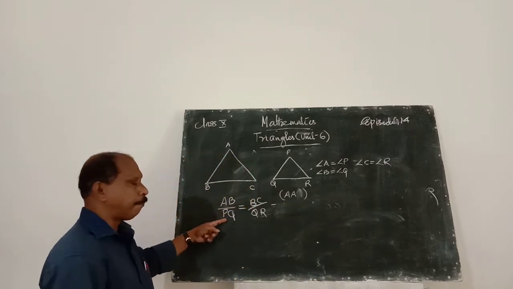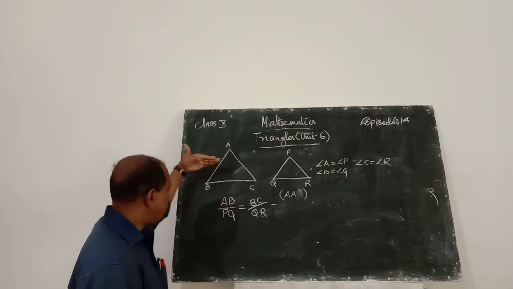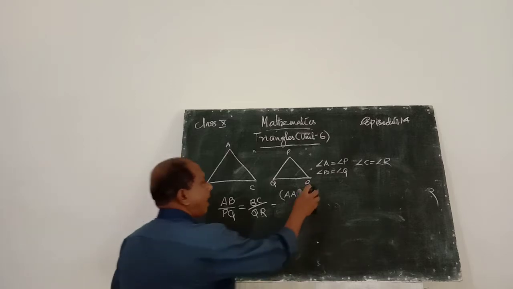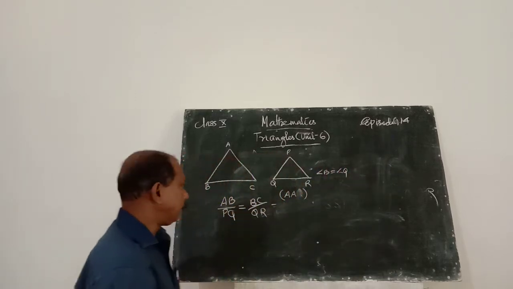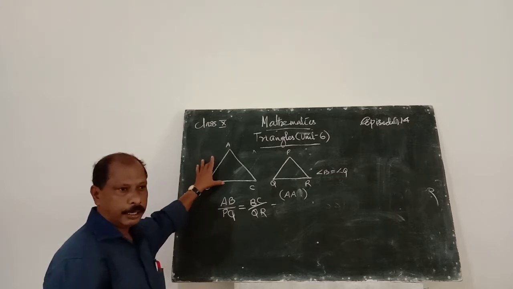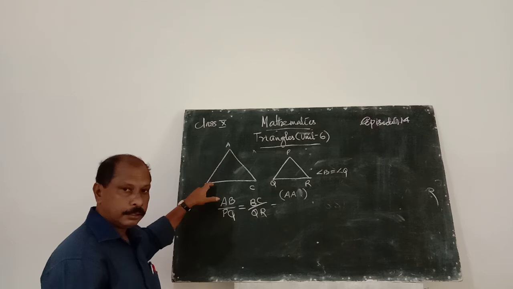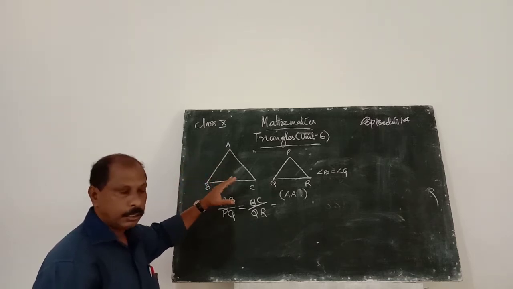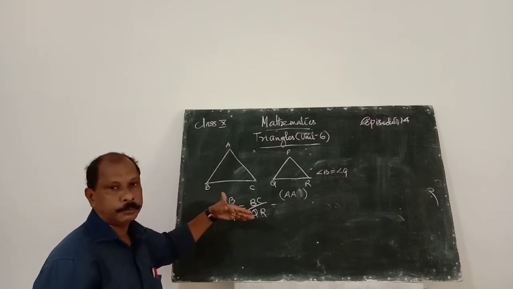Then we know that AB by PQ is equal to BC by QR, and angle B is equal to angle Q. That means there are two sides AB and BC, and the included angle is B. Therefore, the included angles of two triangles are equal, and their corresponding sides are proportional.